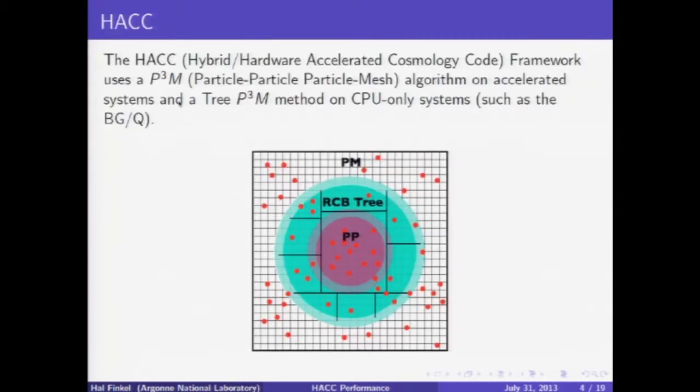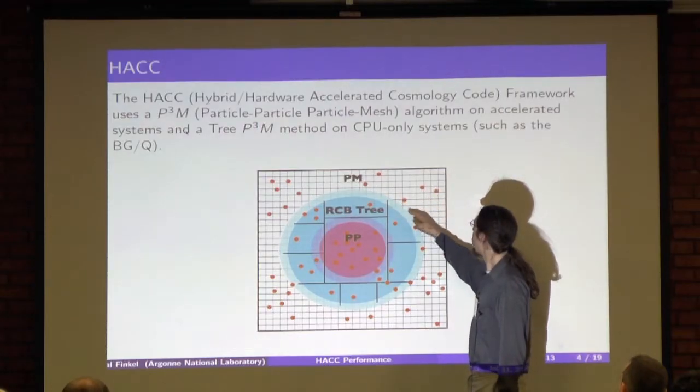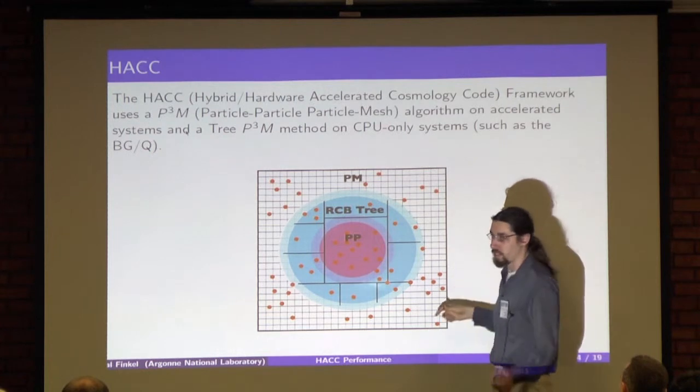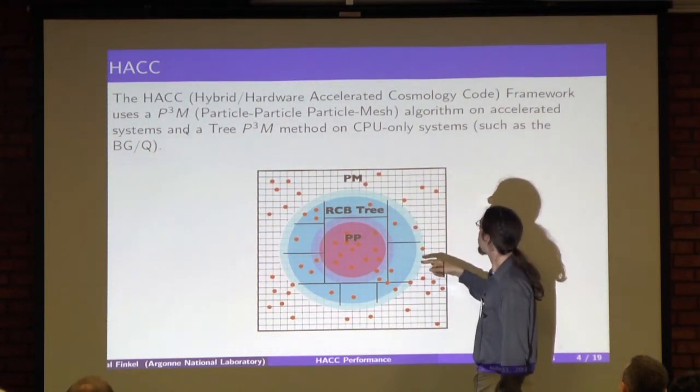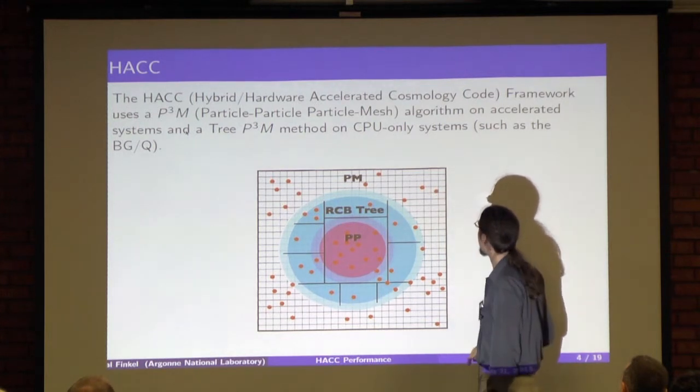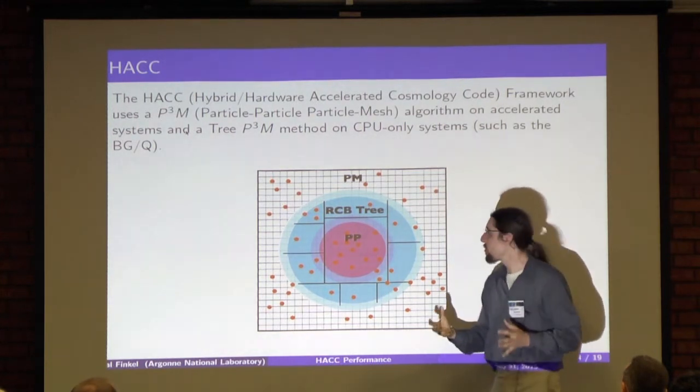So this graphic was in Salman's talk as well. It's just to give you another visualization of exactly what I'm talking about. You start off with all these particles, and you deposit them onto a grid. When the particles are far away, this is almost the exact answer, because this particle is only in this grid cell, and there's not much else to do.